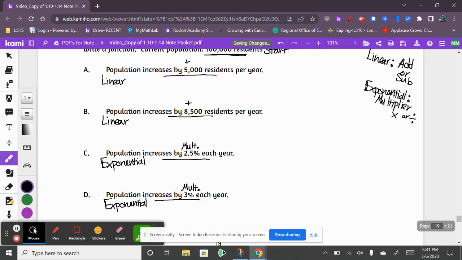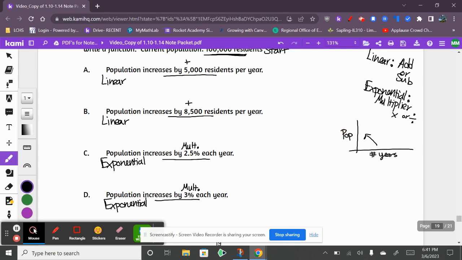When we think of our variables for each one of these, we have the number of years and we have the actual population or the number of residents. So the number of years is going to directly impact the overall population.